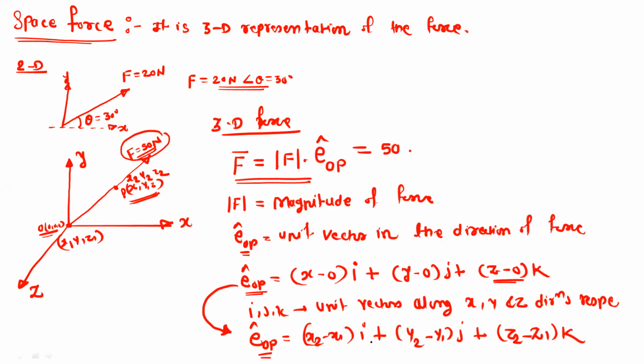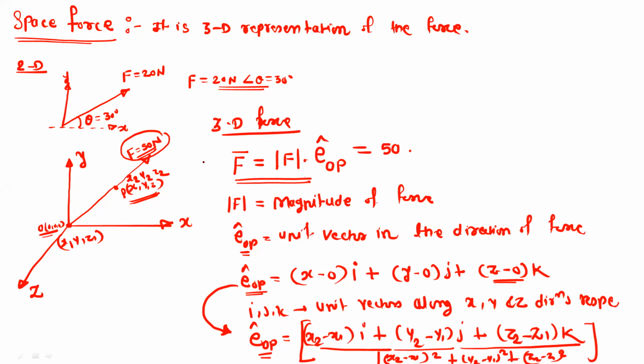So sorry, we have to divide this by the magnitude of this vector. So we will get the E cap. So this will be the square root of x2 minus x1 square plus y2 minus y1 square plus z2 minus z1 square. So this complete value is nothing but the unit vector in the direction of OP.